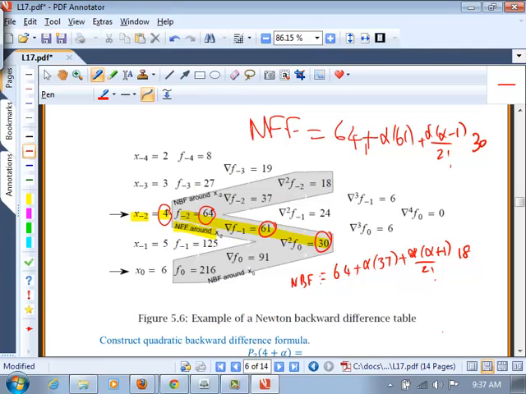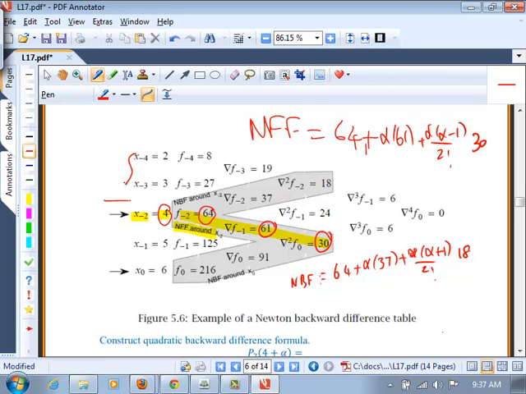If I use the Newton backward polynomial and calculate it at x equal to this point, that would be a true interpolation because I'm using the data points in here. But if I use the Newton forward formula and calculate the value of x up there, that would be an extrapolation because I'm going outside of the data points that I have used to construct that.